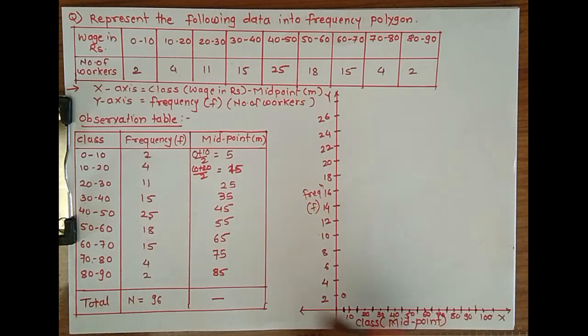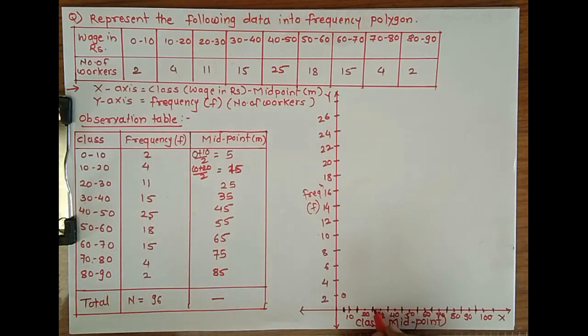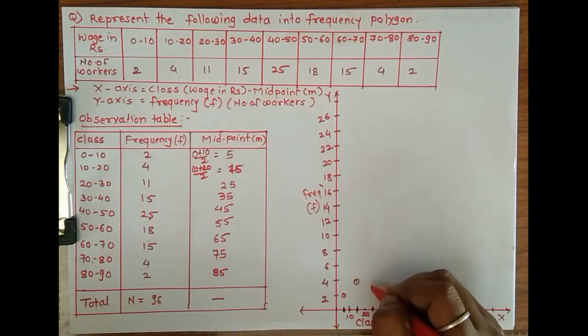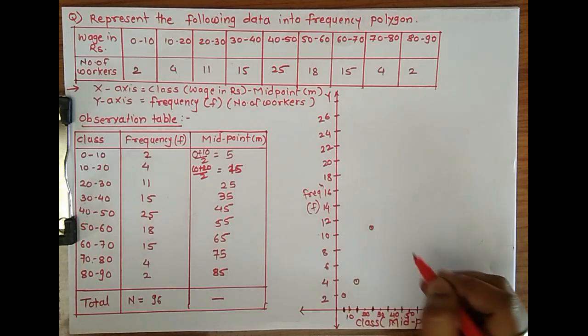Second, 15, corresponding frequency 4. 15 is here, 15 with corresponding frequency 4. 25 with 11, 25 is here with 11. 11 is here.